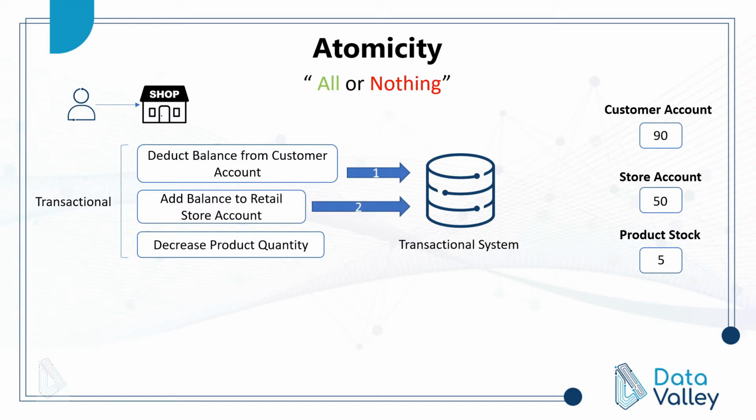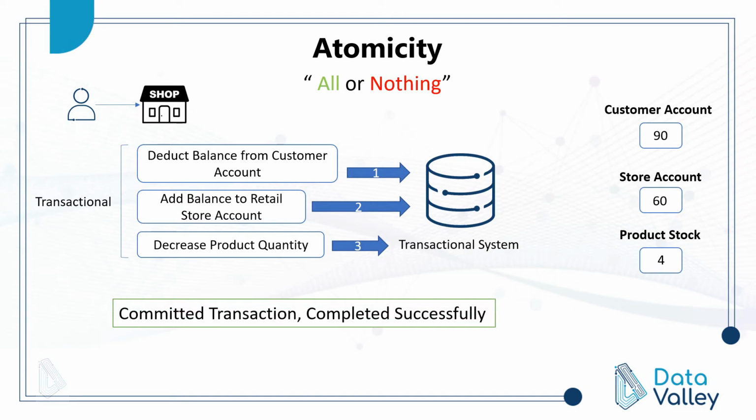Second step, add balance to retail store account, so it will be 60. Third step is decrease product quantity, so instead of 5 units in the stock, we will have 4 units. So in this case, all the steps of the transaction have been applied successfully, so we can say the transaction has been committed and completed successfully.